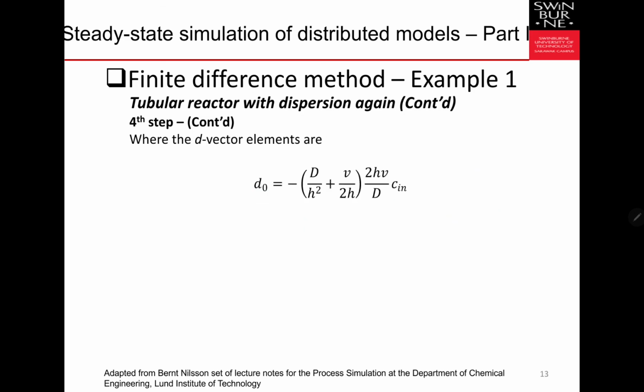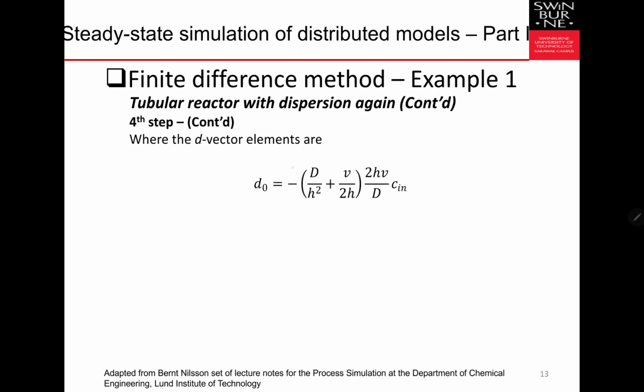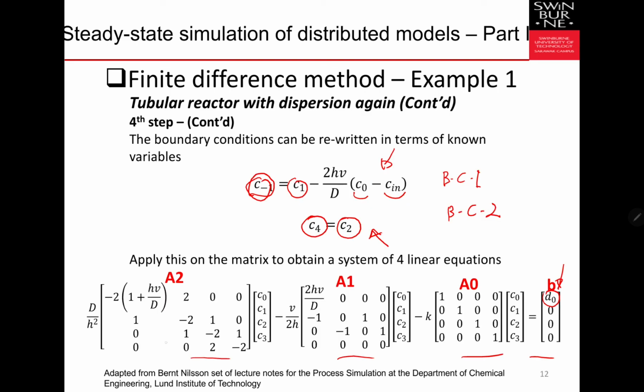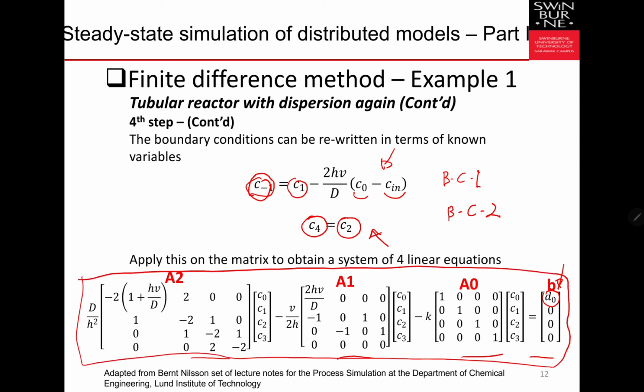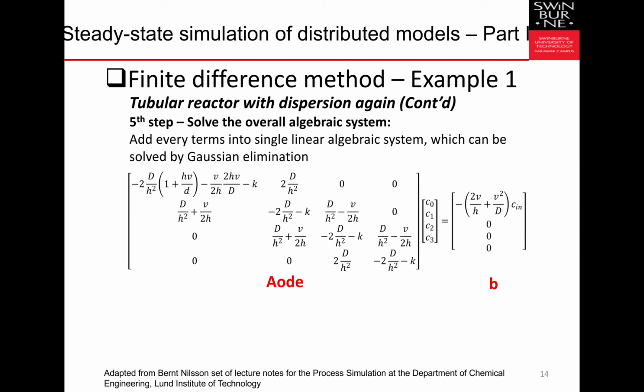The elements of the d factor here are expressed in terms of this. When we add all of these together, they will be equal to this one.